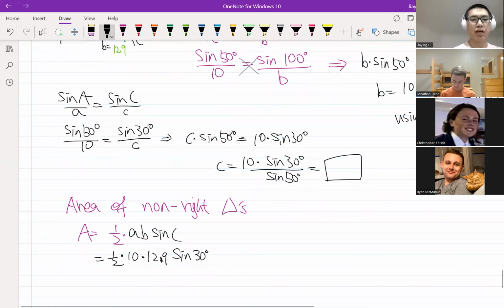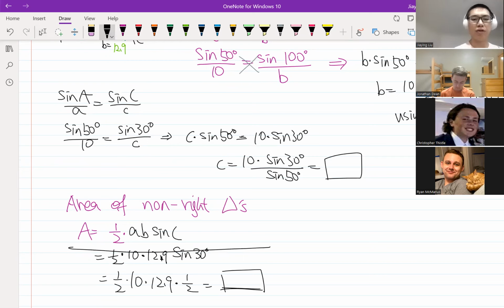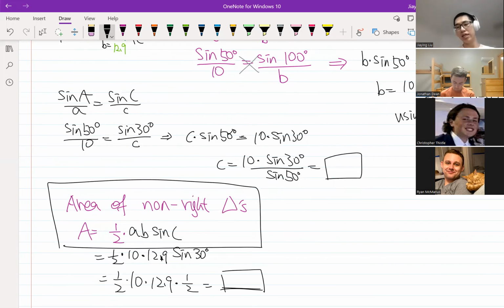So in the end, we have 1/2 times 10 times 12.9 times half, and simplify to get the area. So this is a formula to get the area for non-right triangles if we know two sides and the angle between them.